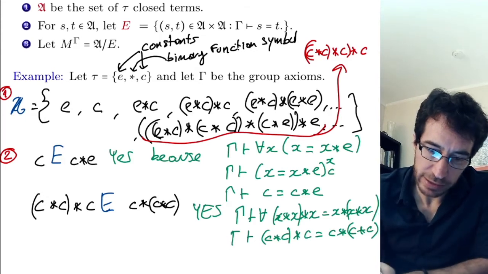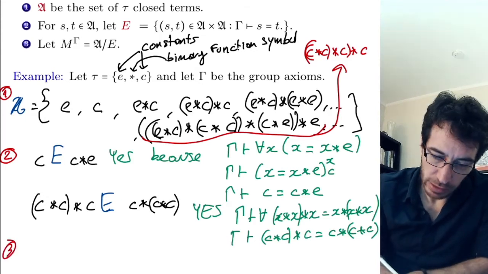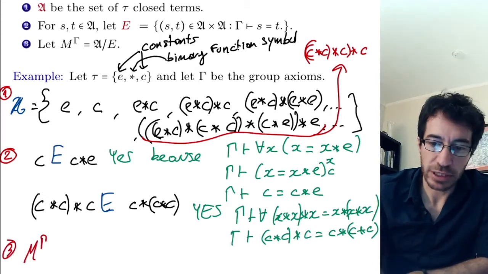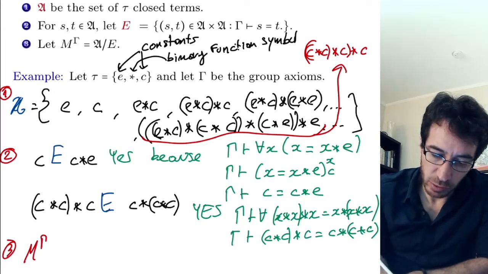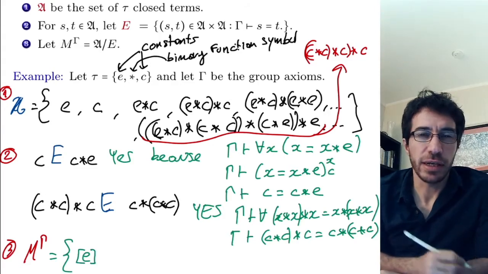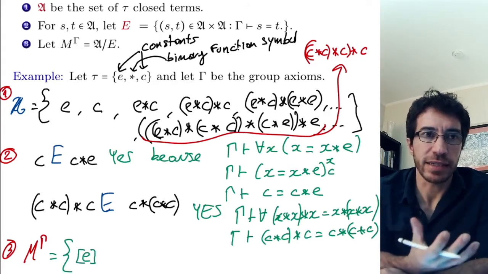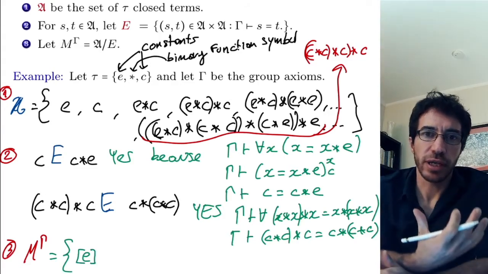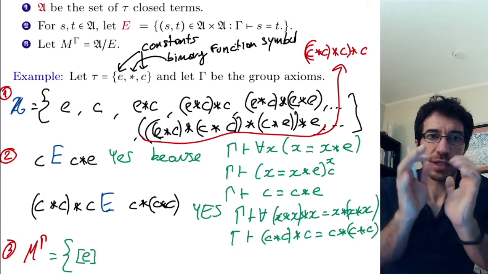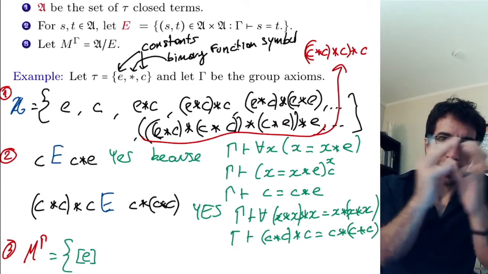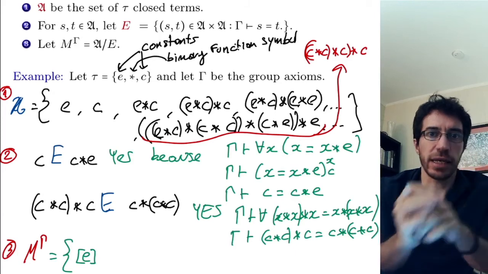So what we're going to get is that M gamma, this quotient up here, is equal to the equivalence class of E, and this bracket here means equivalence class. Remember, we're doing a quotient. Equivalence class means put everything that is equivalent to E in a single bag, kind of.